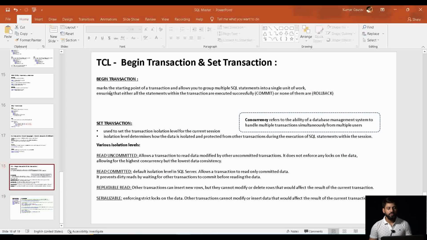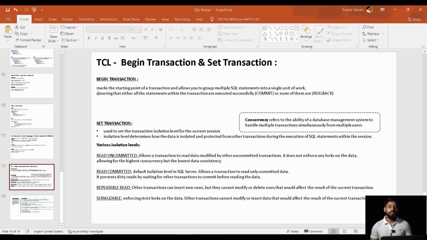Now what it does is ensure that either all statements within the transaction are executed successfully or none of them are. I will explain this, since it is the important functionality of begin transaction and why it gets used.